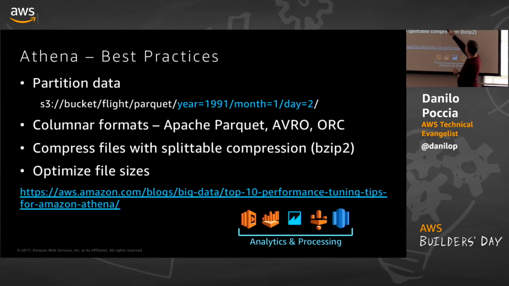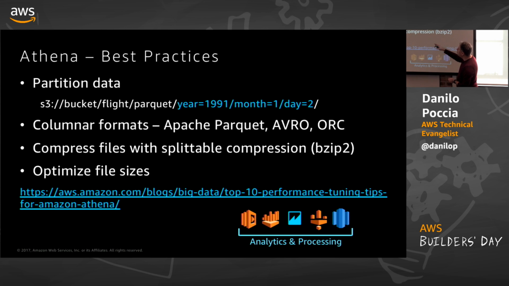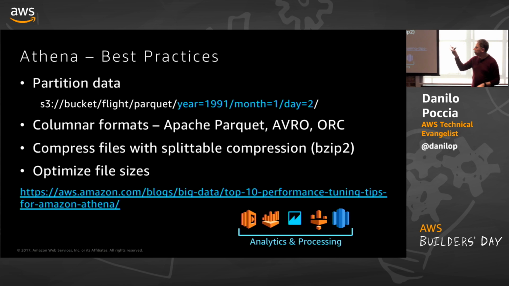If you don't use Parquet or ORC, you can still compress the data. If it's compressed, you pay for the compressed size. So it's cheaper and faster. But you need to use a splittable compression format like bzip2. So gzip doesn't work. bzip2 and other tools allow you to read and split the file in a better way.